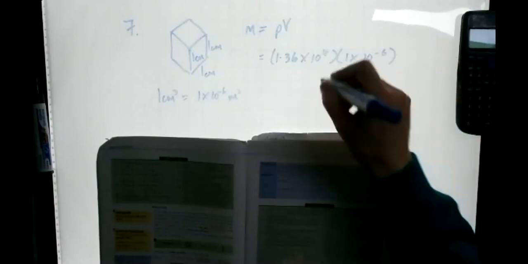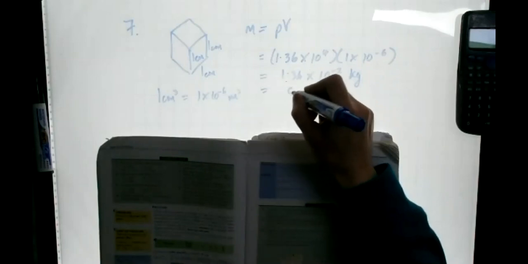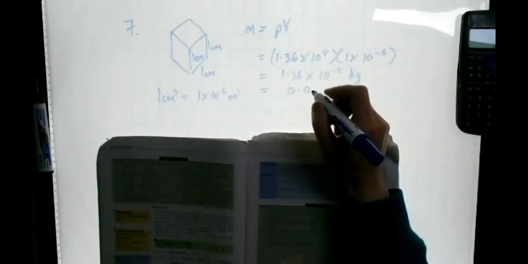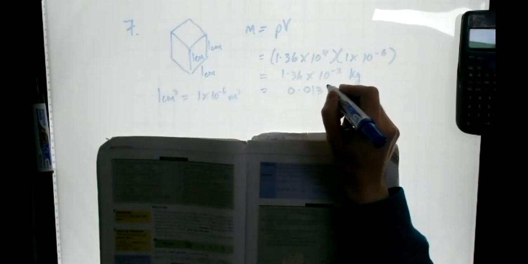So multiplying by the volume, which is 1 by 10 to the power of minus 6, we get 1.36 by 10 to the power of minus 2 kilograms. So the answer is 0.0136 kg.